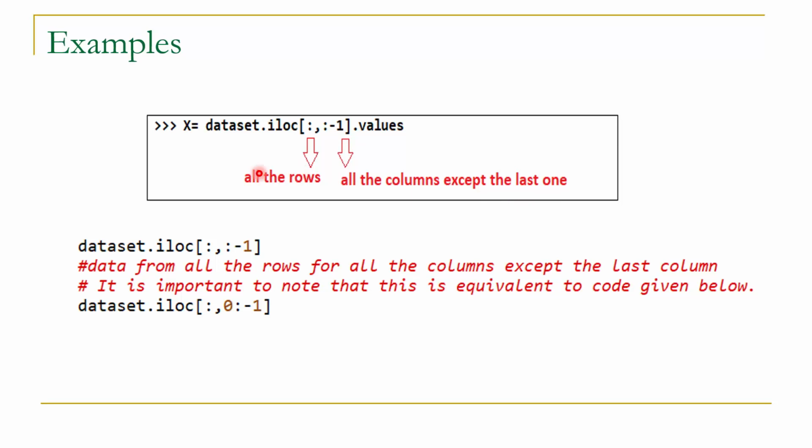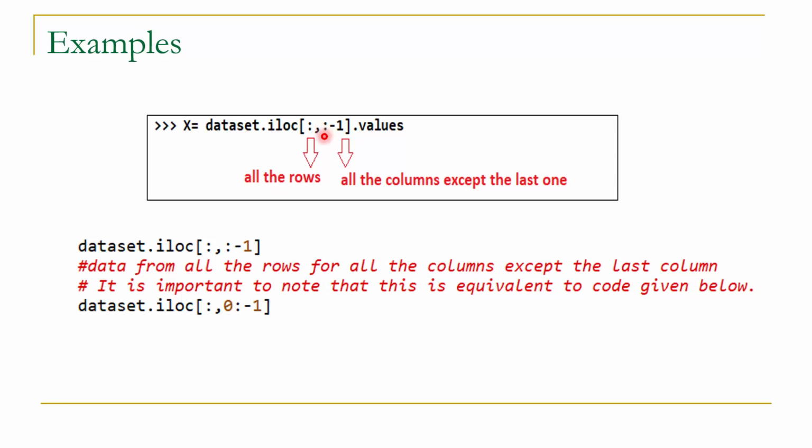You can understand this further by considering this statement. So actually both are equivalent. So here colon means all the rows, and colon minus 1 actually refers to 0 colon minus 1. It means that it will select the columns from index value 0 up to the last column, excluding it. So it will select all the columns except the last one. So we can skip this 0.